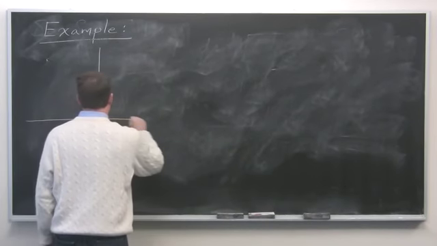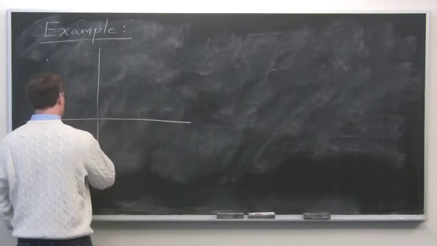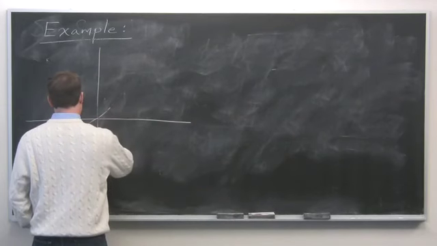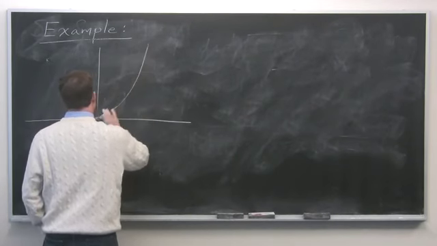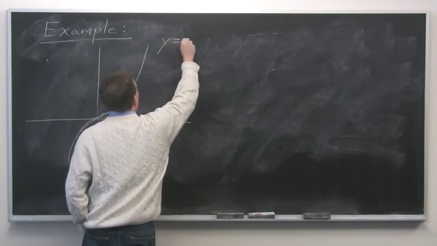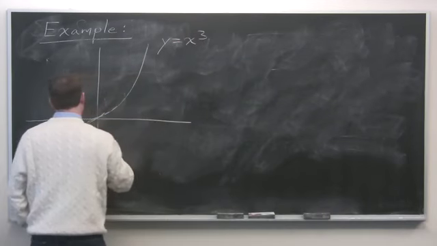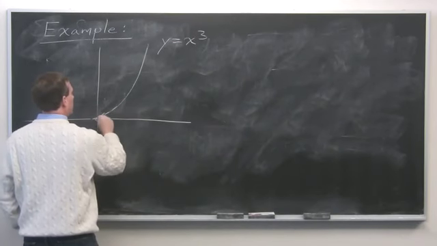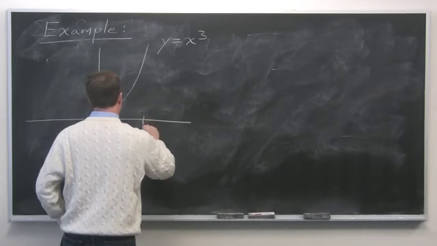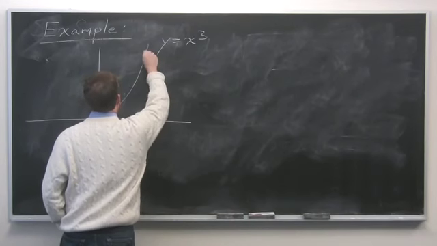So let's look at this. So here's y equals x cubed. And I just want to take the part, again, between 0 and 2. My scale is going to be wildly off.